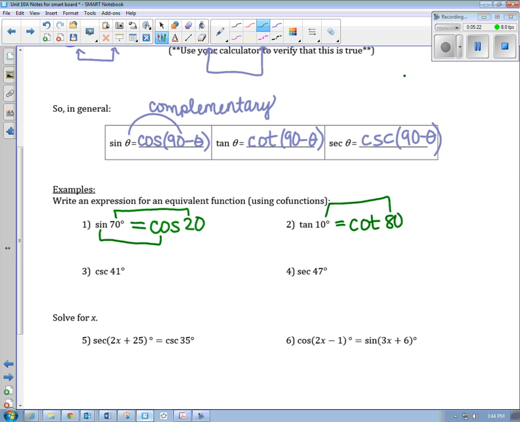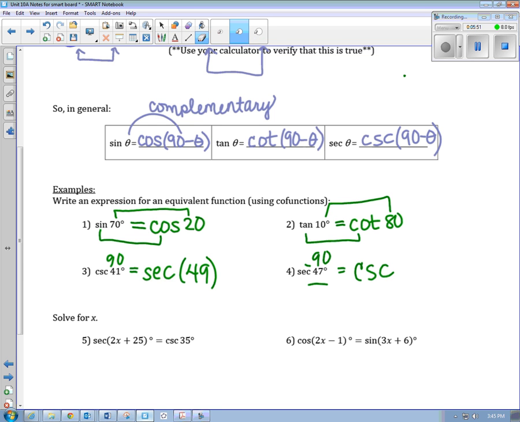These add to 90. These are cofunctions. Cosecant 41 is equal to the secant of 90 minus 41, which gives me 49. And then the secant of 47 is equal to the cosecant of, in this case, when I subtract, 43.